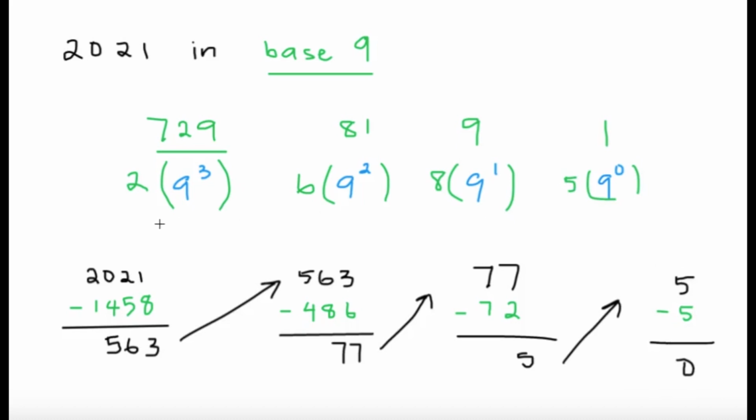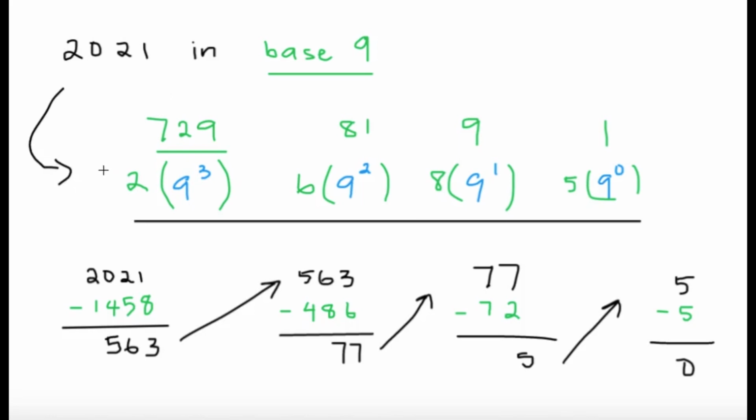This is technically an expansion of 2021, because 2021 is equal to 2 times 9 cubed plus 6 times 9 squared plus 8 times 9 raised to 1 plus 5 times 9 raised to 0. The coefficients of these powers of 9 are 2, 6, 8, and 5.